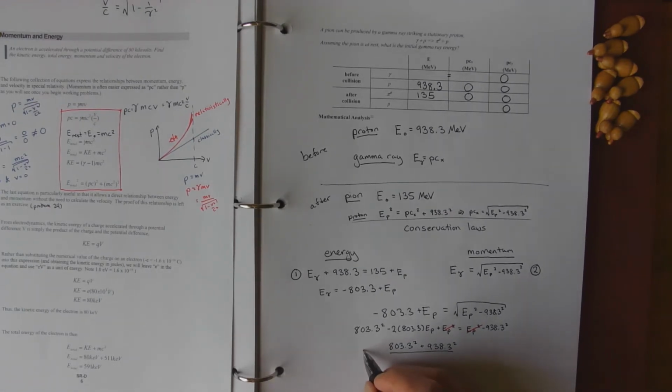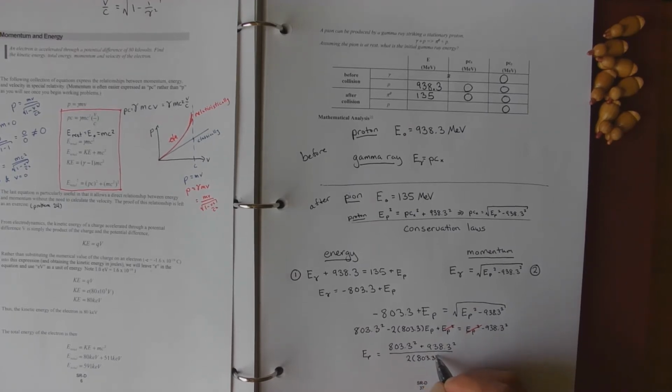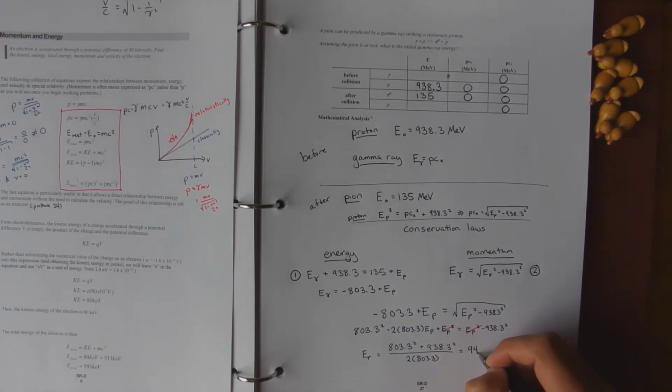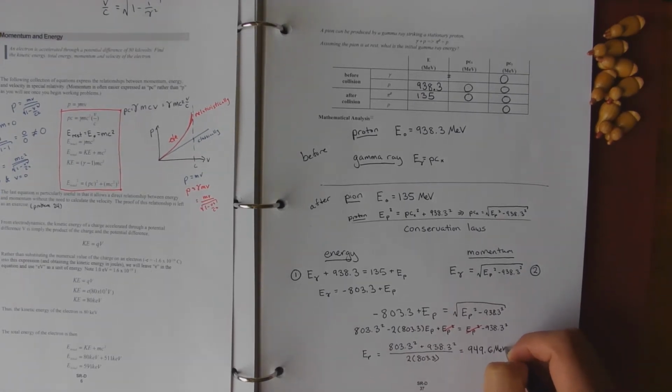So let's just write that as EP is equal to this. And then we'll solve that and see what we get. That is 949.6 mega electron volts. That's the total energy for the proton after the collision.